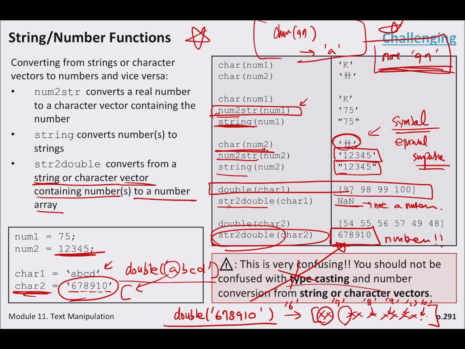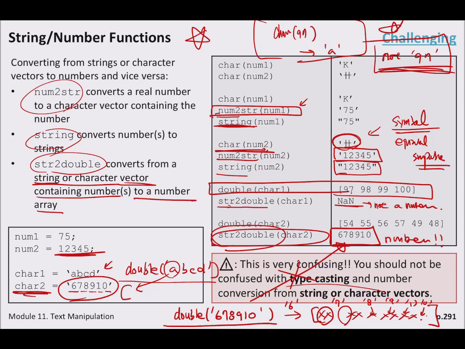And then to pick the right function, num2str, typecasting a number to a string, to convert the type of the value that you want.